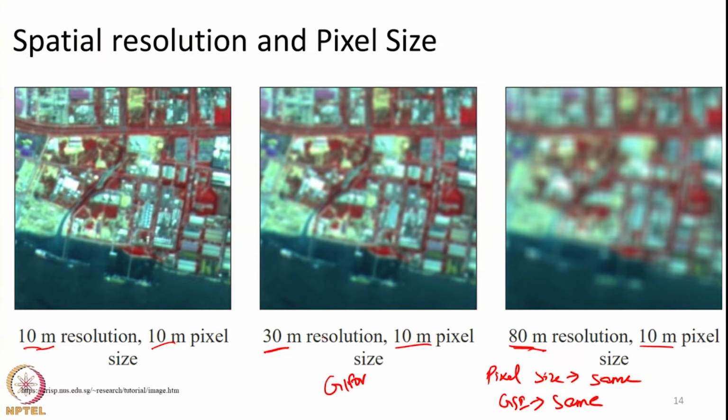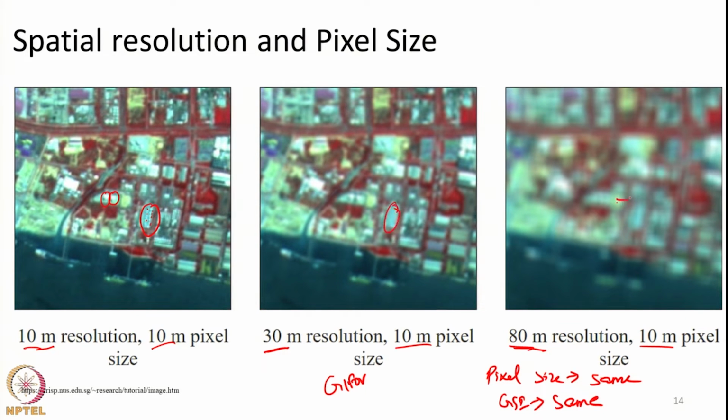From this image we can see that even though the pixel size is the same, the amount of information we can get from these images actually decreases. In this image we are able to resolve a lot of features. Here there are like 2 structures we are able to resolve. Here there are a lot of small structures that we are able to resolve. But here we are not able to resolve them, they appear as a single feature.